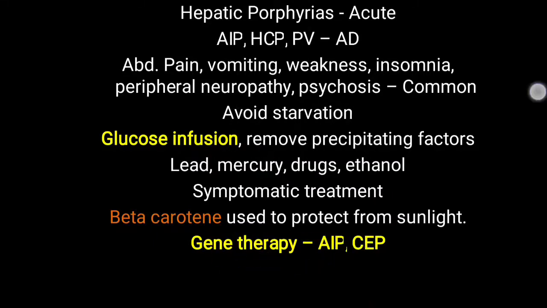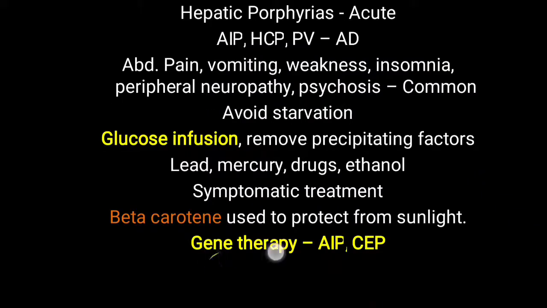Mostly complementary DNA or RNA interference can be given to decrease the overall activity of the enzyme, but mostly complementary DNA is given to activate the hydroxymethylbilane synthase enzyme, given as gene therapy, and that will be helpful to relieve episodes of acute intermittent porphyria. So that's all about the diagnosis as well as management of porphyria.